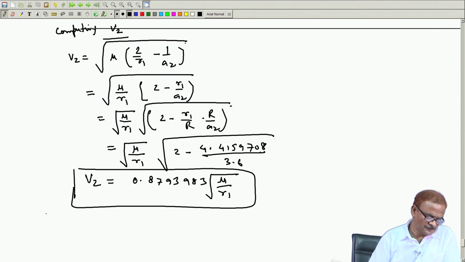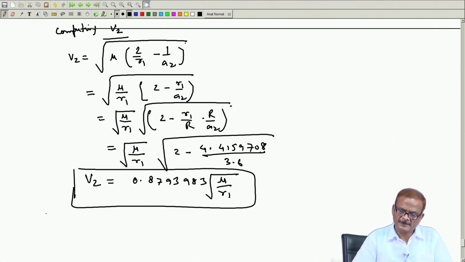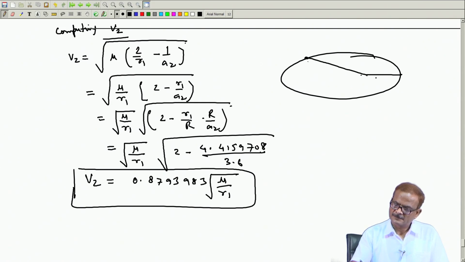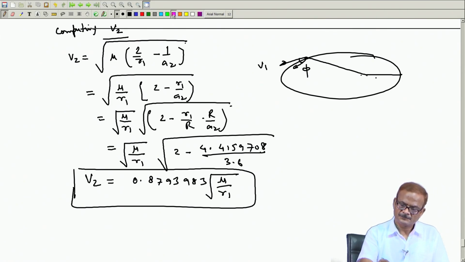So, velocity we have got, we need the flight path angle. What exactly is the situation right now? At this place the V 1 was known, the flight path angle phi 1 was known. Now, V 2 is also known. At this point, V 2 may be here in this direction.